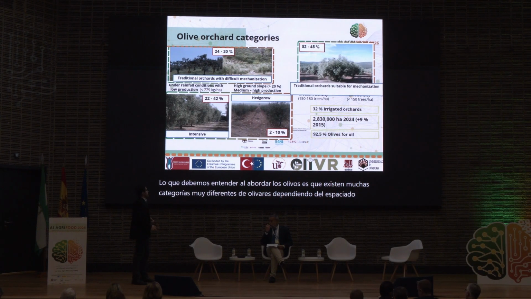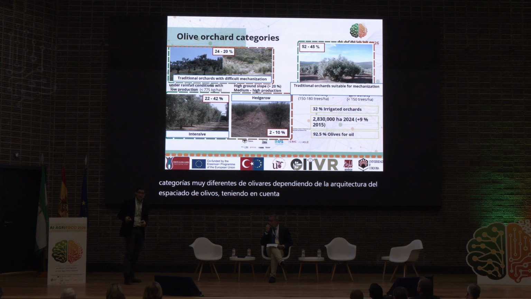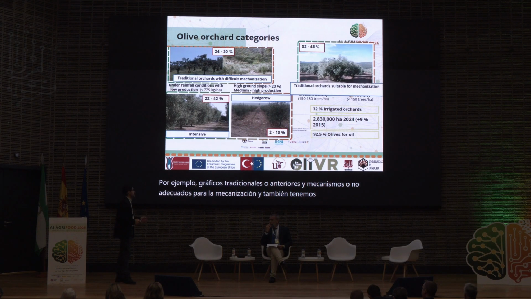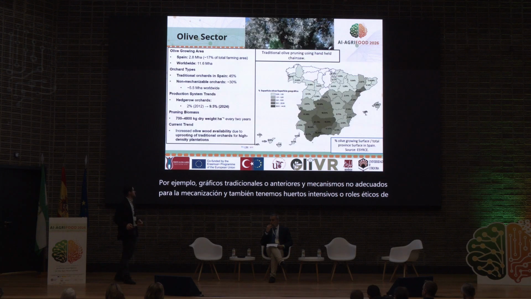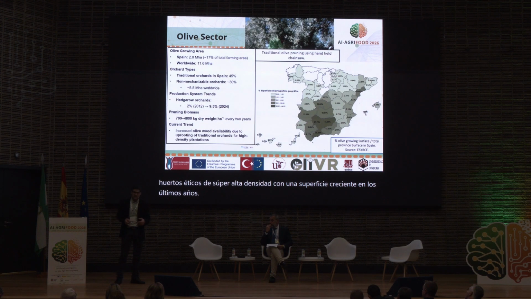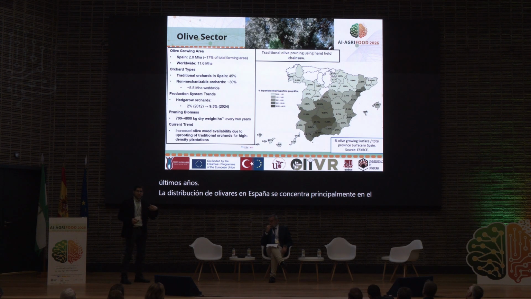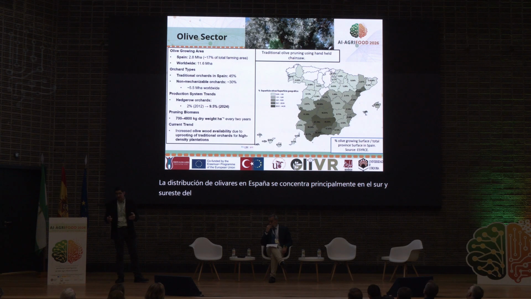For example, we have traditional olive orchards, mechanizable and non-suitable for mechanization, and also intensive orchards or hedgerow super high density orchards with an increasing surface in the last years. The olive orchards distribution in Spain is mainly concentrated in the south and southeast part of the country, but it is spread along the Mediterranean basin.